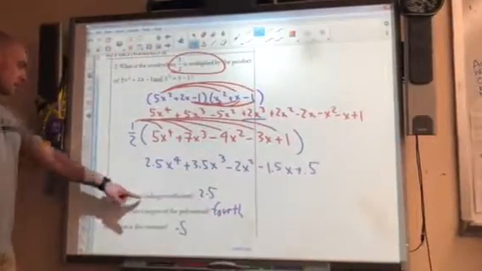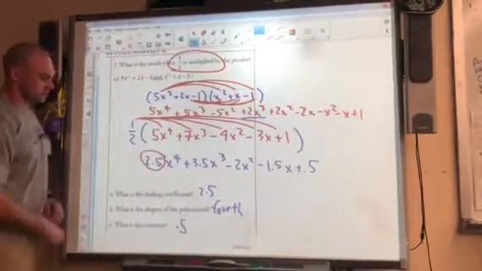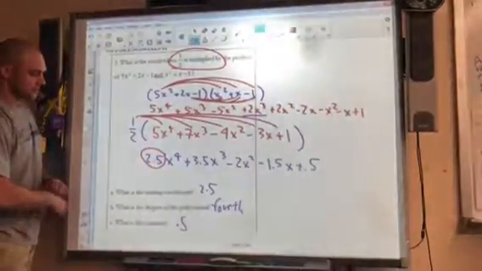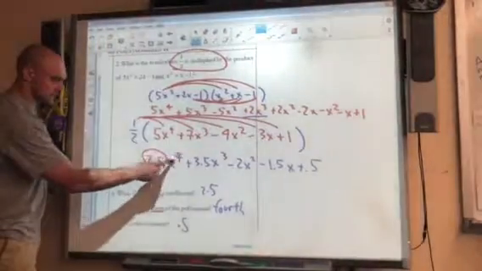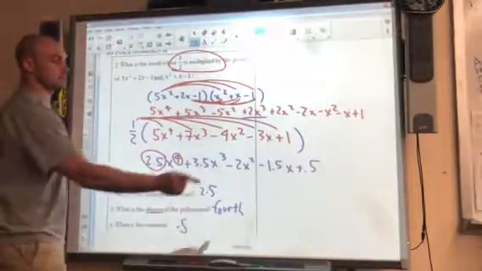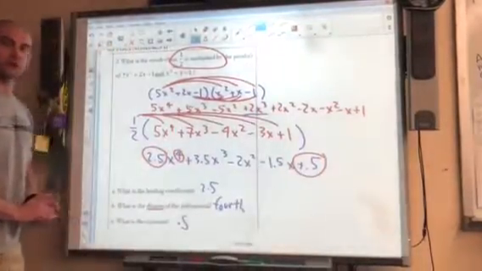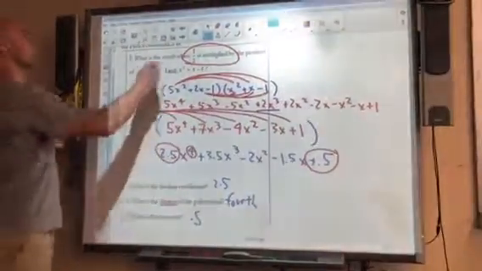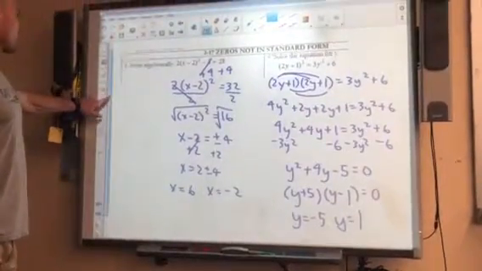So again, the leading coefficient, the number in the front of the first term, 2.5. What is the degree? The highest exponent is 4, so we would say 4th degree. And what is the constant? The constant is 0.5, the number with no variable. Okay?